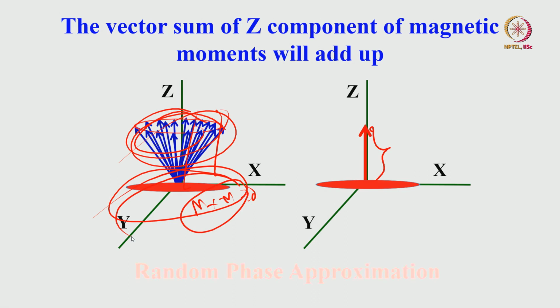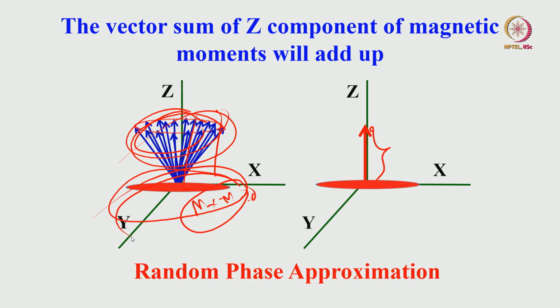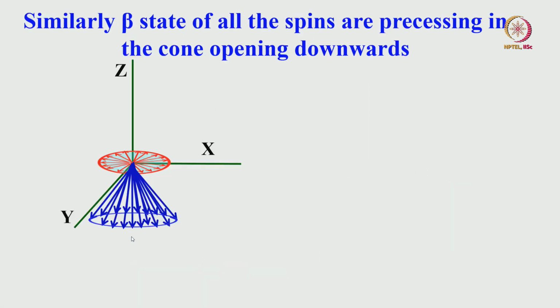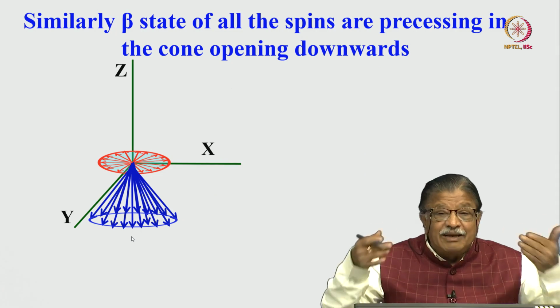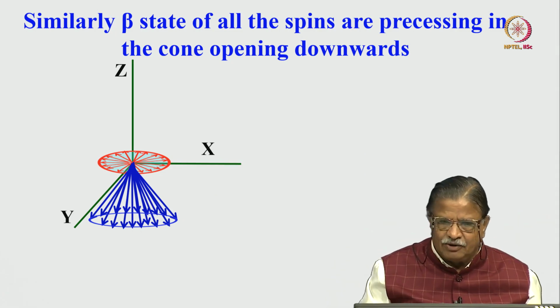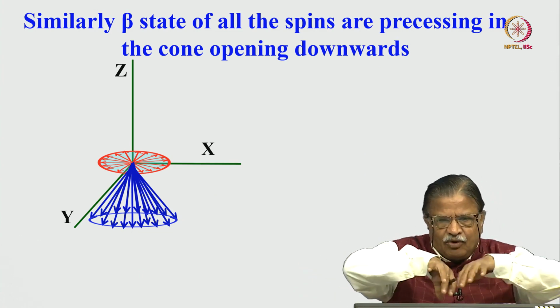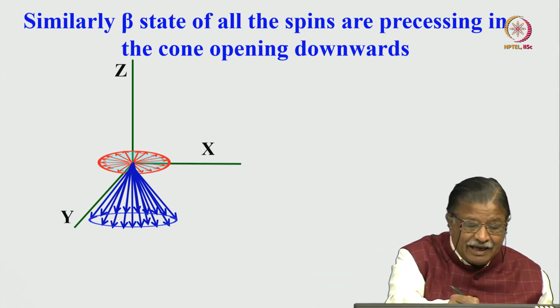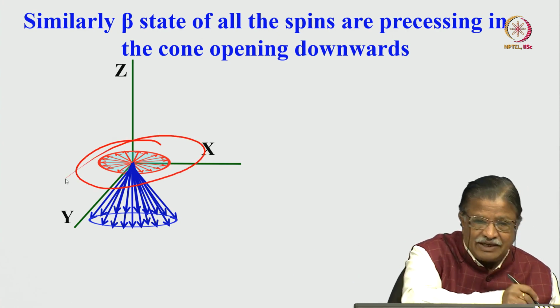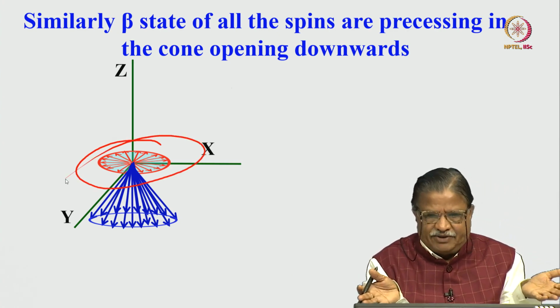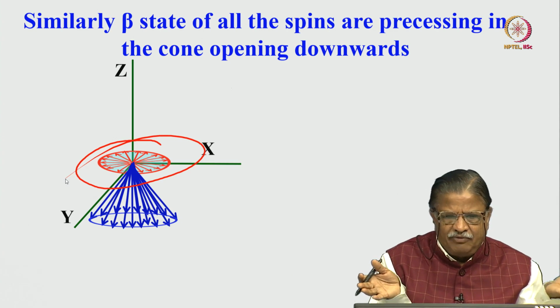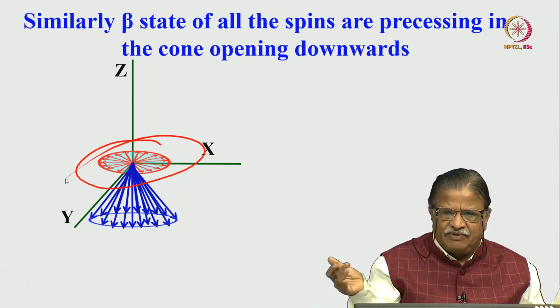Now we will go to the other spin situation, all the nuclear spins which are in the beta state. As I told you, in the beta state they will be on a cone opening downwards. Again if you take the ensemble average, I can resolve the magnetic moment of beta into three components, x, y and z.